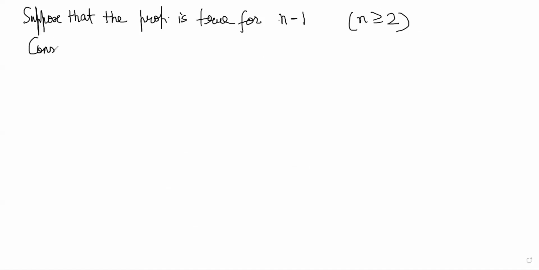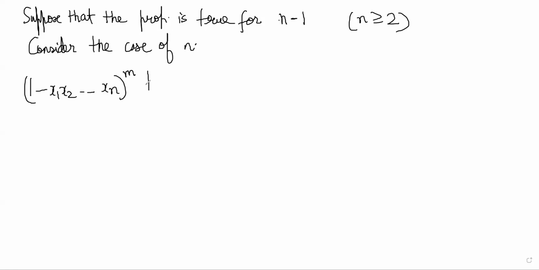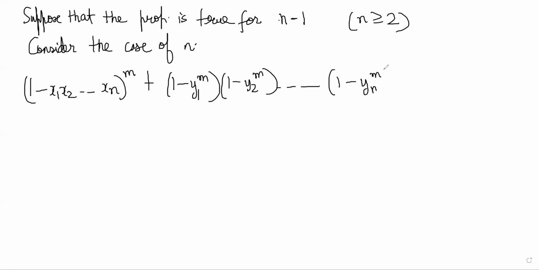We consider the case of n. So in this case, we have this expression (1 minus x1x2...xn) to the power m plus (1 minus y1) to the power m, (1 minus y2) to the power m, and so on till (1 minus yn) to the power m.